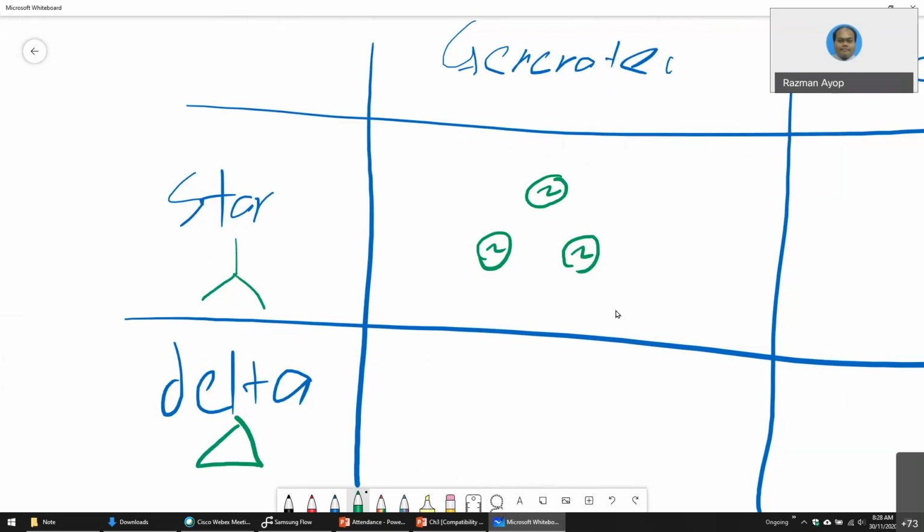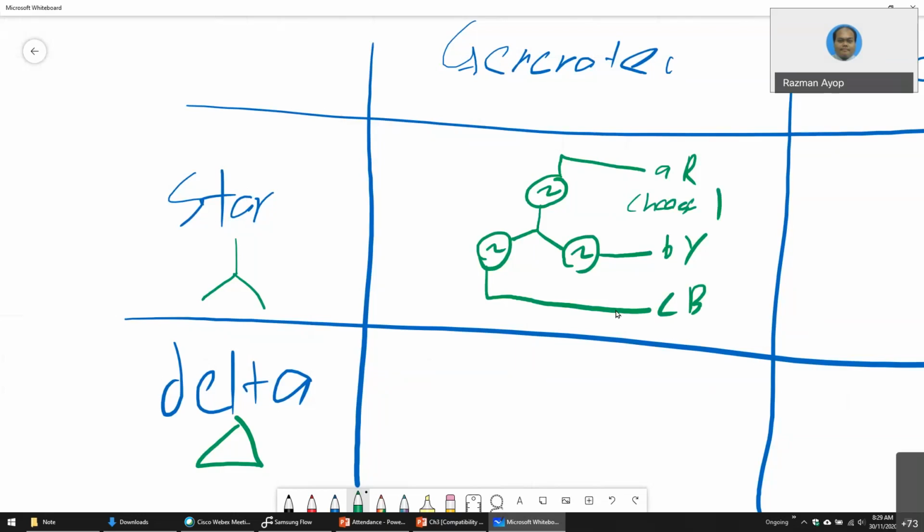Then you take here, here, and lastly here. This is A, B, and C, positive sequence. Or if you use R, Y, B, choose one only. Don't use both sequences, either A, B, C or R, Y, B.